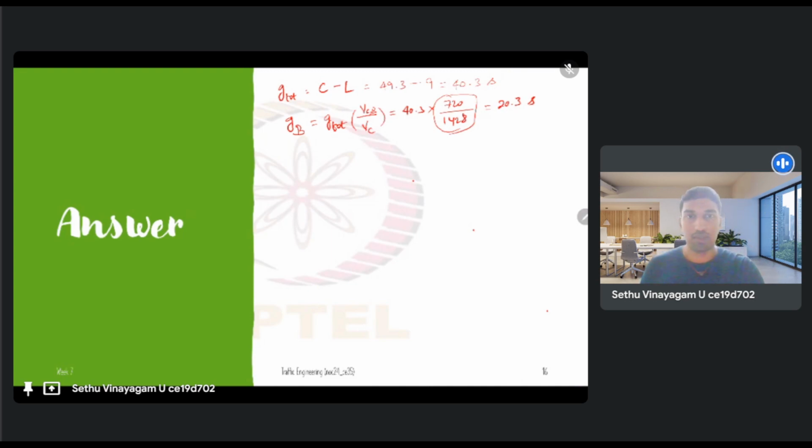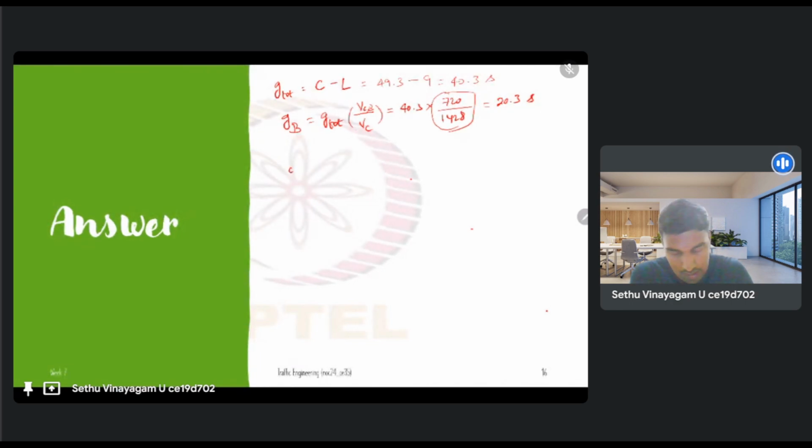Then the next question was to find the capacity of the lane group in lane 2. How do we do that? Capacity, using small c, for that particular phase is equal to the saturation flow rate into the effective green ratio, so SB times GB by cycle length.